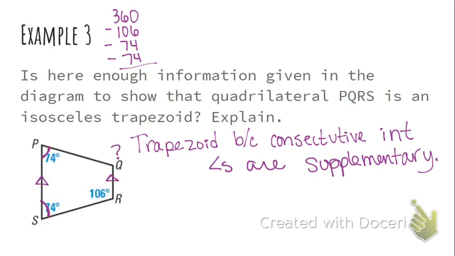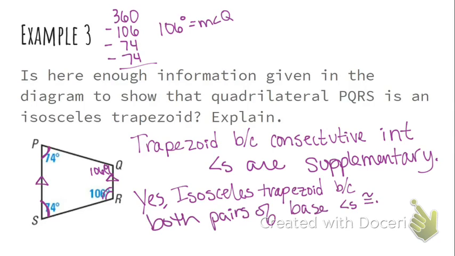And if you do that, you should get 106 degrees for the measure of angle Q. So if that's the case, then both pairs of base angles are congruent, so it is isosceles. All right, so I just got it written out. Yes, it's an isosceles trapezoid because both pairs of base angles are congruent.